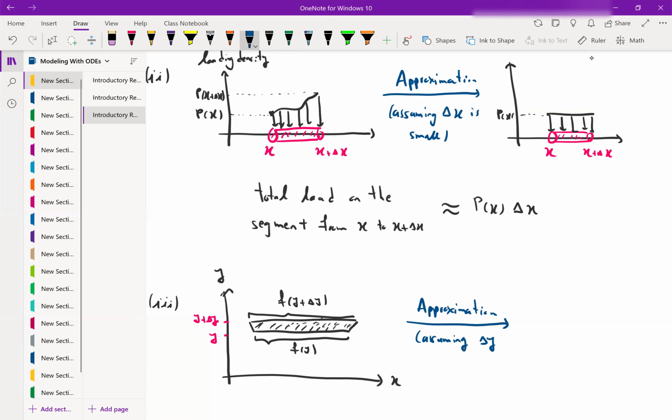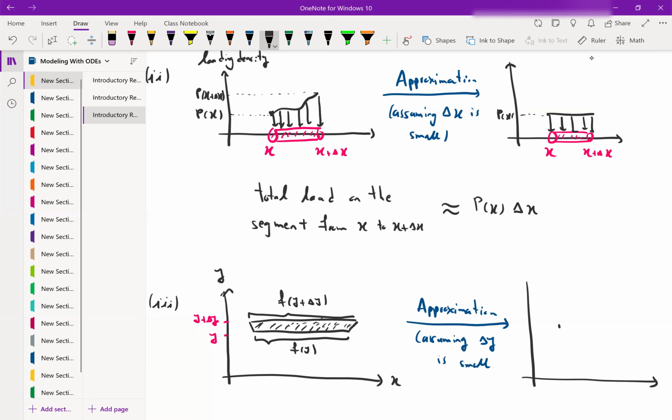What we will do is that we will assume that this function f is a constant function. I'm not going to consider the change in the value of f in this small interval.